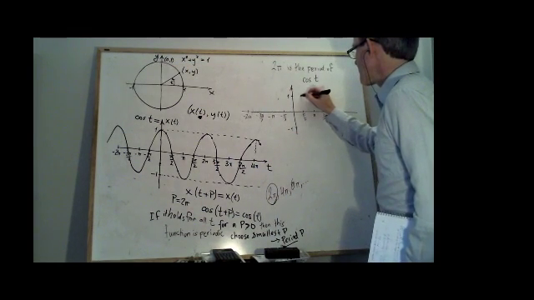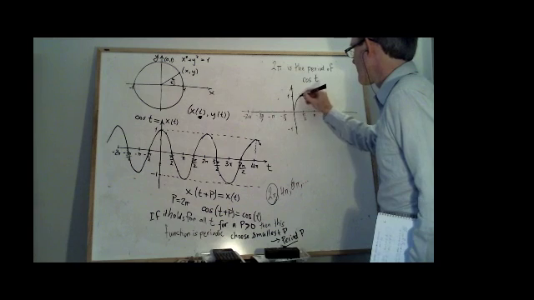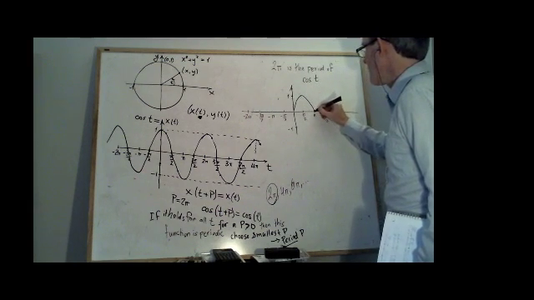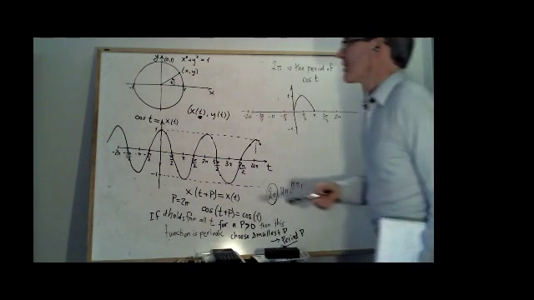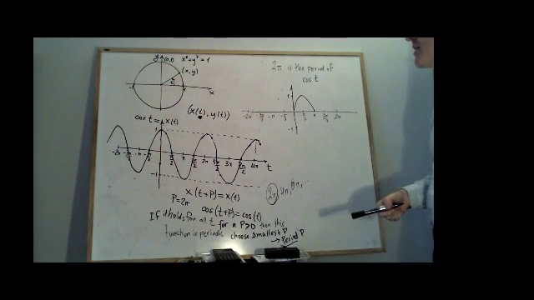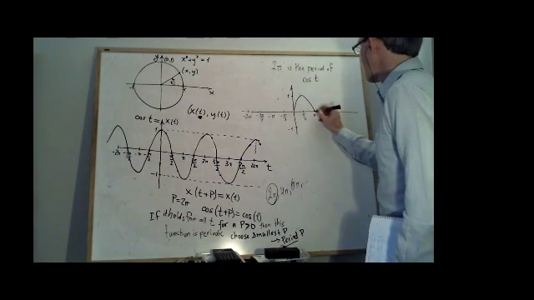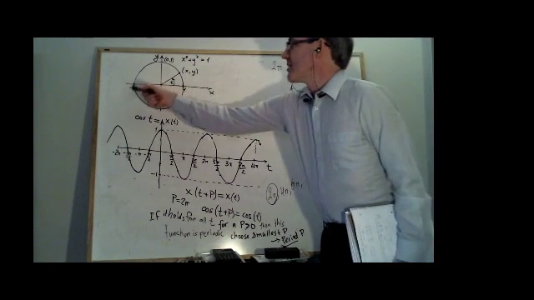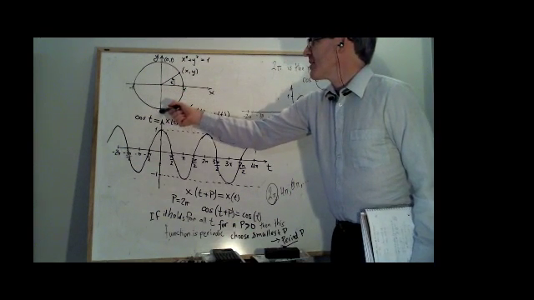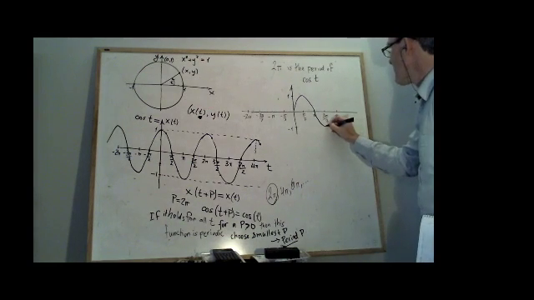So it will look something like this. And then we'll go down to 0 again when the point goes all the way to this point here along the negative x-axis. Then we go down here, and the y value will become minus 1 when it reaches this point, and 0 again at 2 pi.